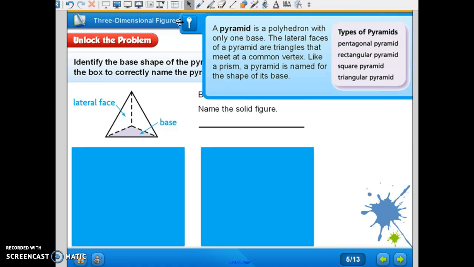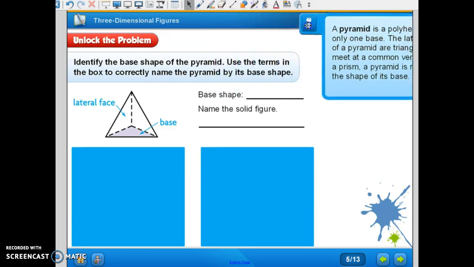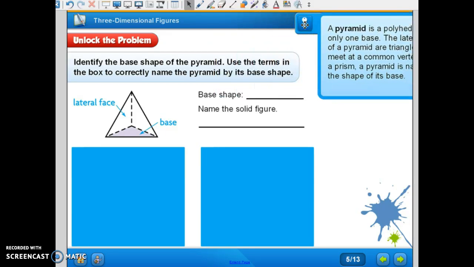Types of pyramids: there's a pentagonal pyramid, a rectangular pyramid, a square pyramid, and a triangular pyramid. They're once again named by their base. Lateral faces and base. What is the base shape for this one? A triangle.